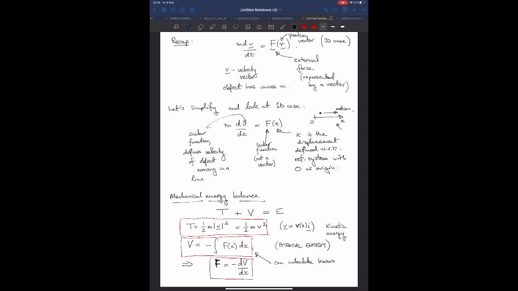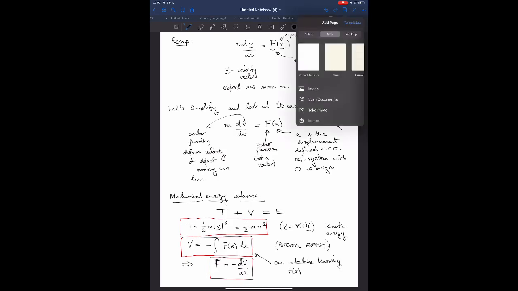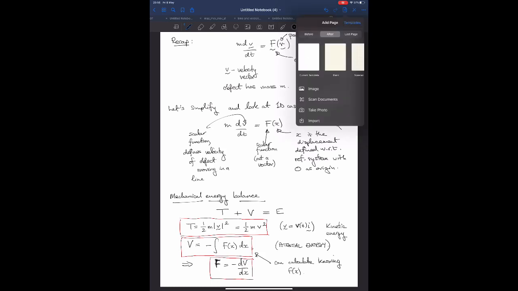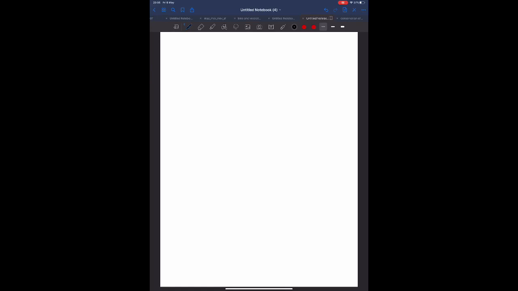This brought us naturally to a fundamental problem. Sorry, let me just add a page after. So then we ended up with a fundamental problem involving a mass on a spring.